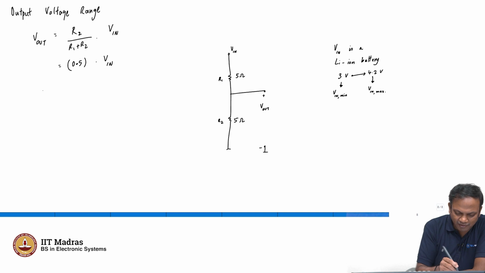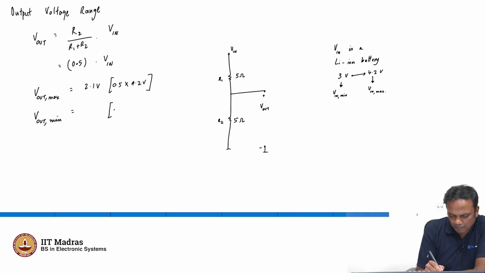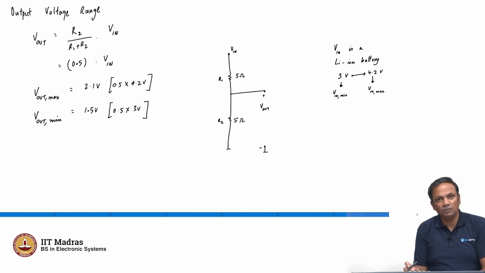So, V out is 0.5 V in, which means that V out max is 0.5 into 4.2 volt, which is 2.1 volt, and V out min is 0.5 into 3 volt, which is 1.5 volt.